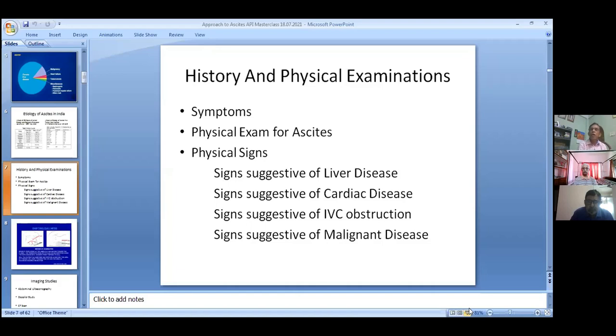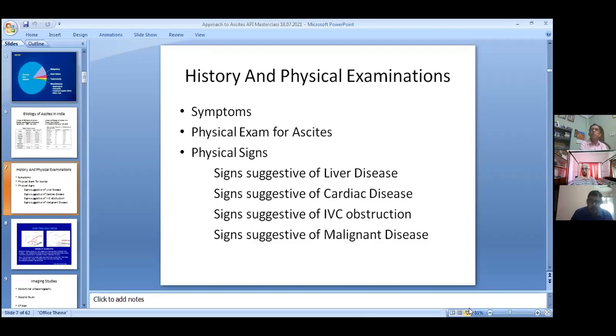And if you suspect the cardiac cause of cirrhosis, then there are prominent jugular veins, presence of hepatojugular reflux, there may be peripheral edema, and there may be some gallop in the heart on cardiac examination. For the signs of IVC obstruction, you should search whether there are prominent back veins with the direction of flow from below upwards.